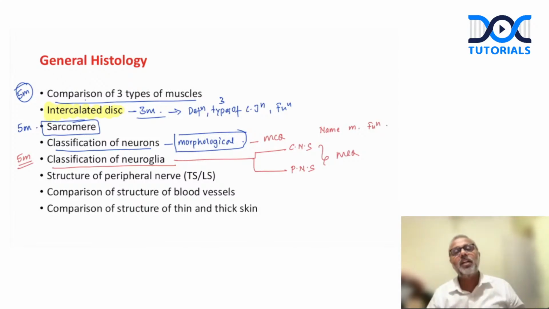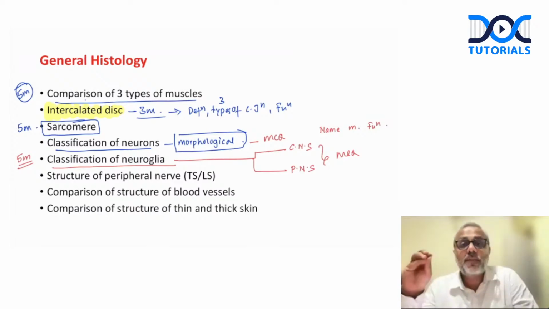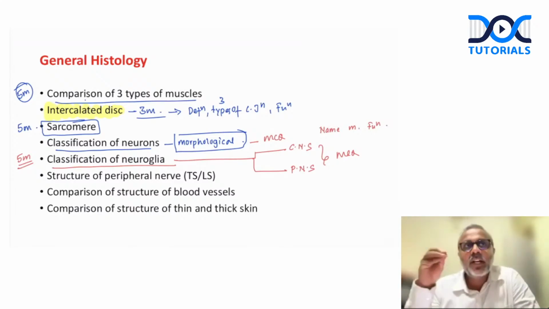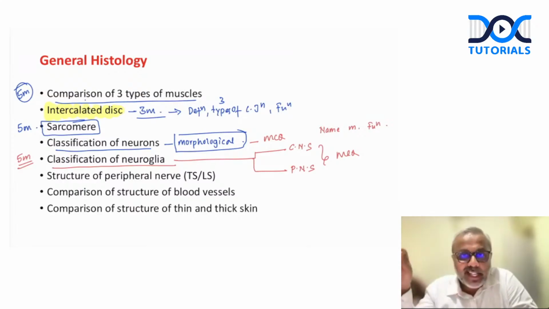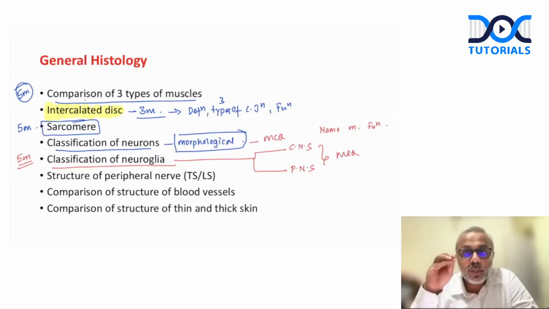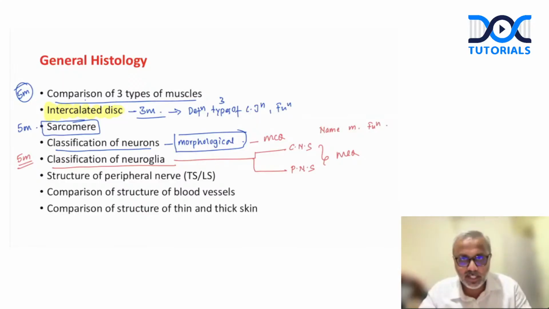For example, satellite cells serve the function of, or what is the function of oligodendrocyte? Which neuroglial cells myelinate neurons in the CNS, in the PNS? Which neuroglial cells line the ventricles? Which neuroglial cells act as phagocytes?